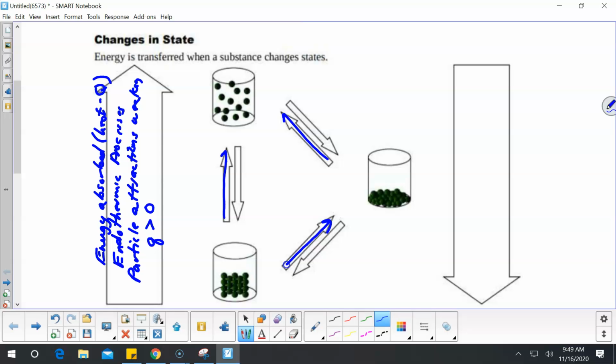Okay? So if we go over to the diagram and look at this, we can identify if we're going from a liquid to a gas, this would be vaporization. If we are going from a solid to a liquid, this would be melting.